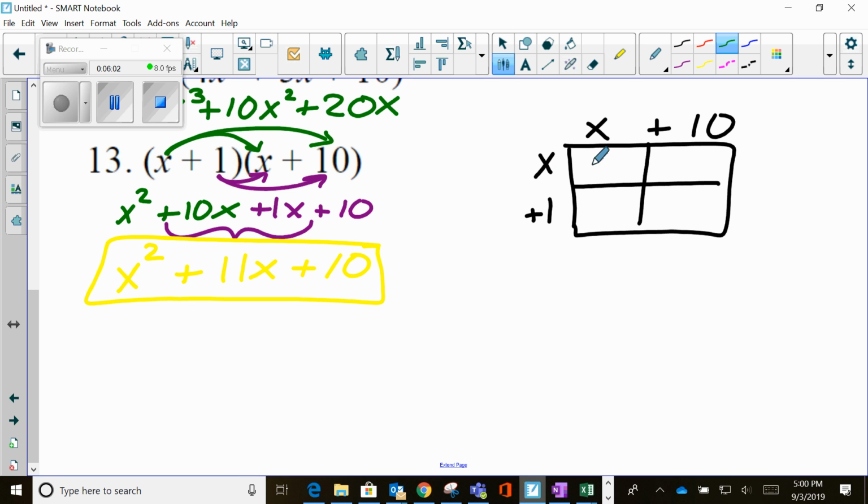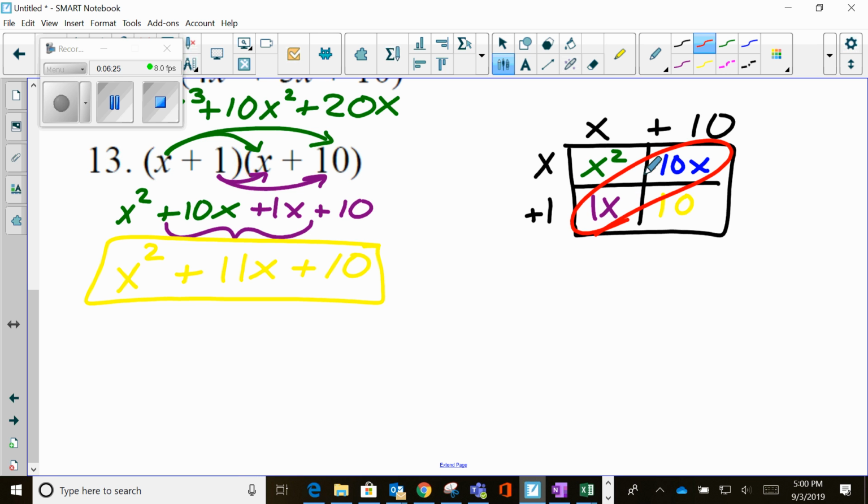Now I'm going to take the terms on each side and fill in the squares. So x times x gave me x squared. x times 10 gave me 10x. 1 times x gives me a 1x. And 1 times 10 gives me 10. One thing that you should notice is that the diagonals are like terms.